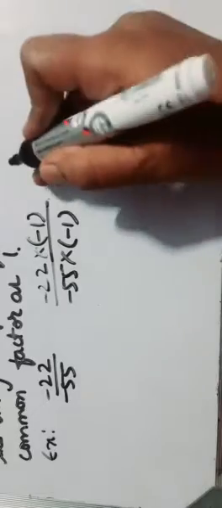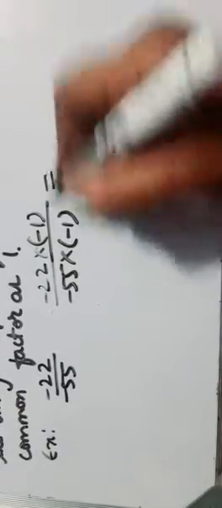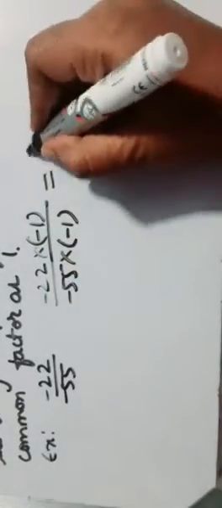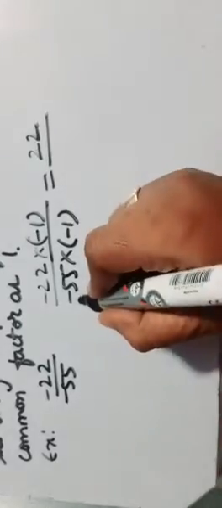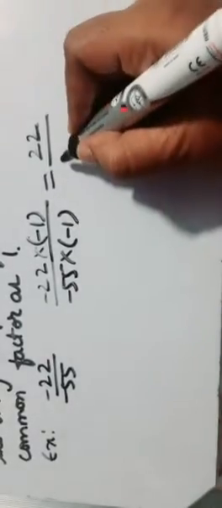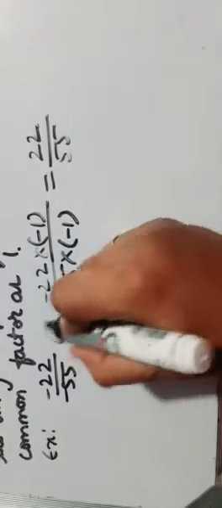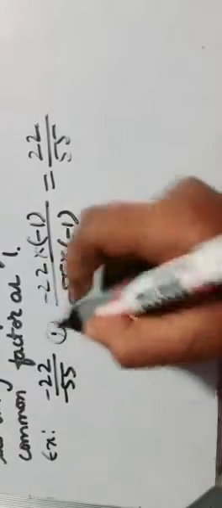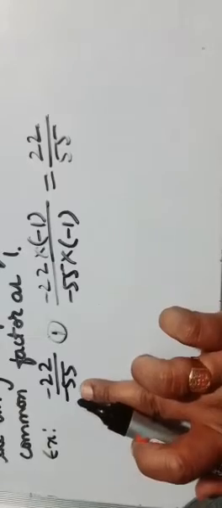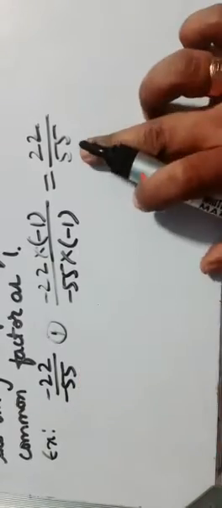Again I multiply minus 1 in the numerator. Then minus into minus is plus, 22 ones are 22. Minus into minus is plus again, 55 ones are 55. So in the first step what I have done, I have converted the denominator minus 55 into plus 55.